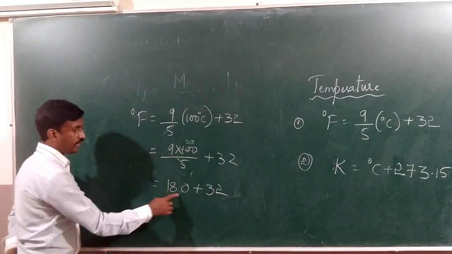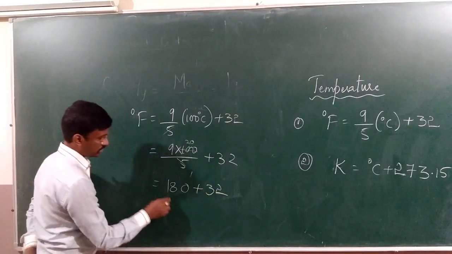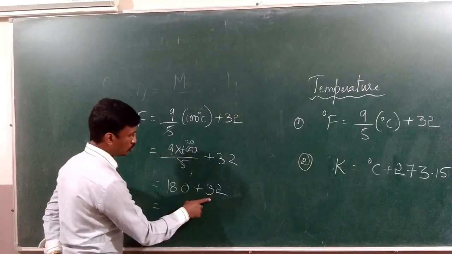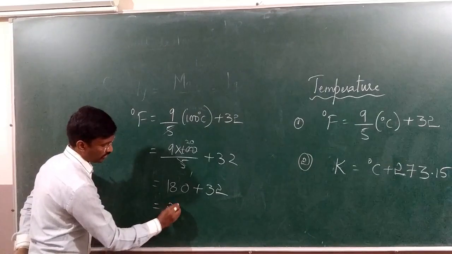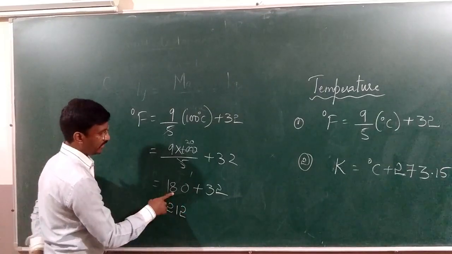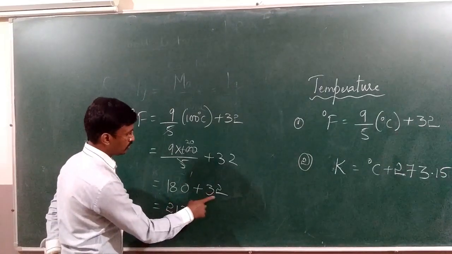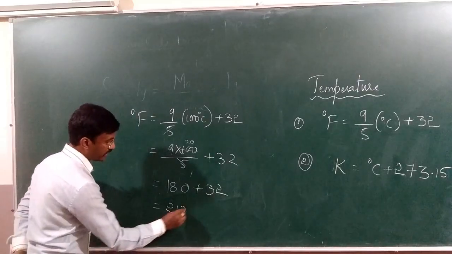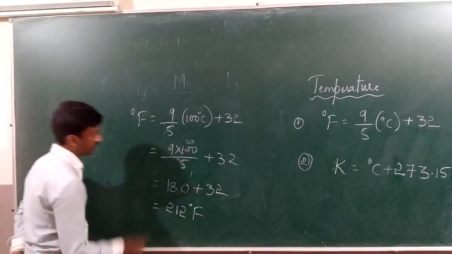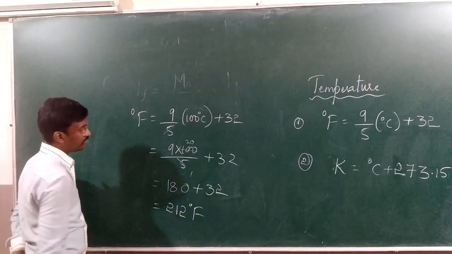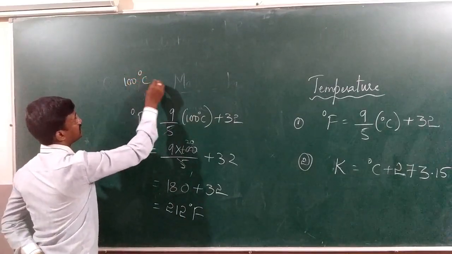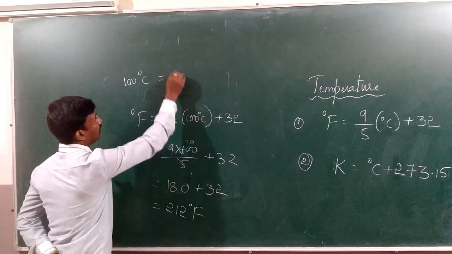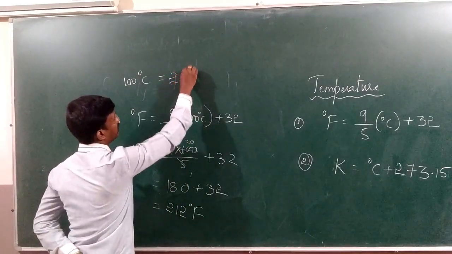So 180 plus 32 becomes 212. It is degree Fahrenheit. So in the conversion, 100 degrees Celsius is nothing but 212 degree Fahrenheit.